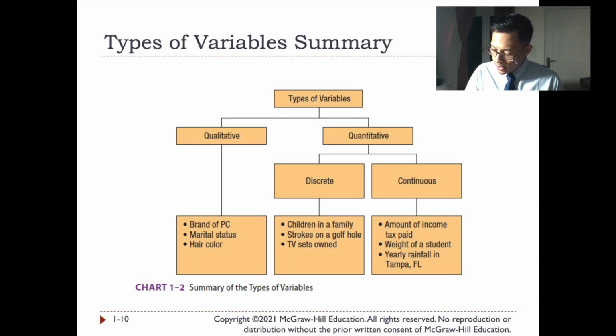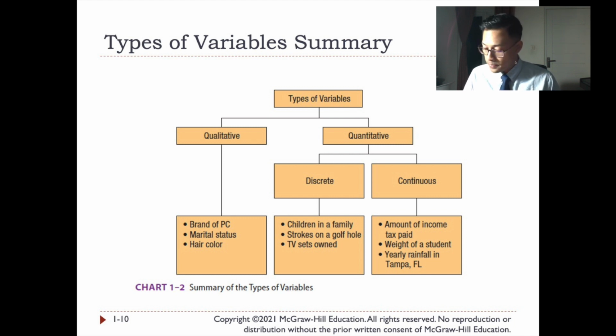Okay, so again, just to summarize the types of variable, we have the qualitative variable and the quantitative variable. Examples of qualitative variables include brand of PC, marital status, hair color, and so on.